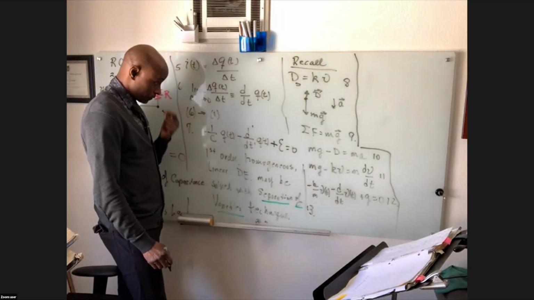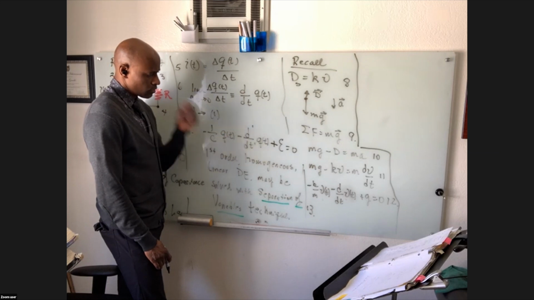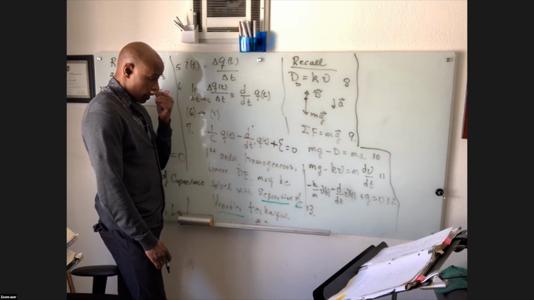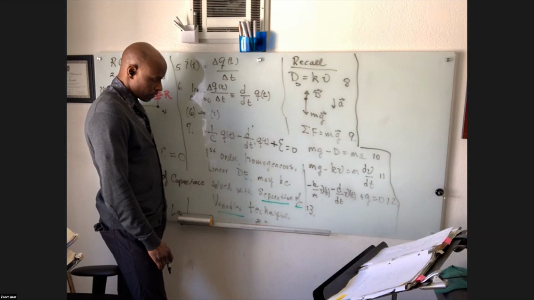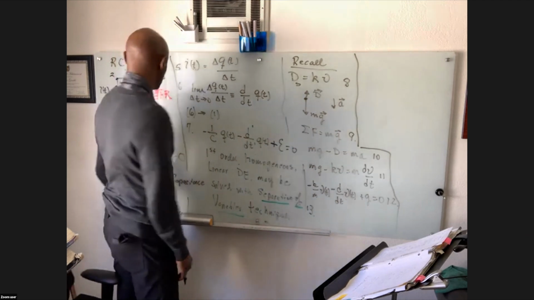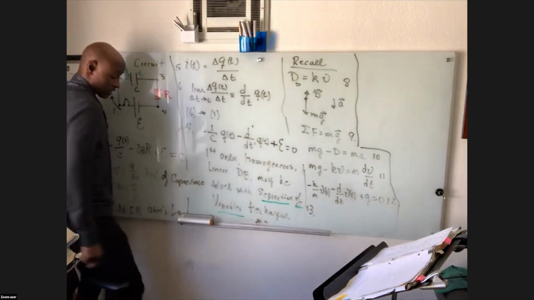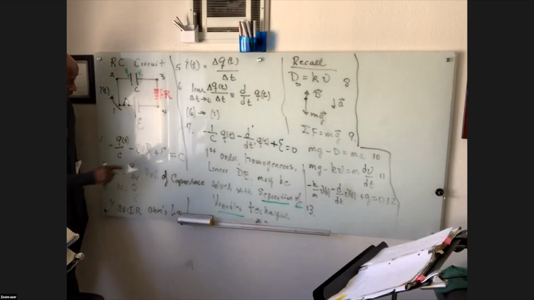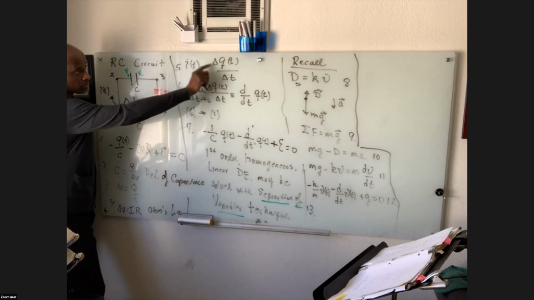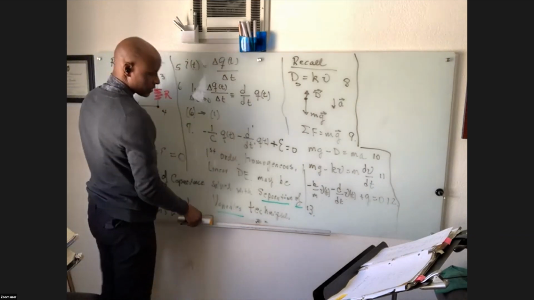I'm going to take the dq dt on the other side. Did I make a mistake? Yes, I left out the R too. I'm kind of tired today, folks. I'm sorry. I substituted I equals dq dt into this, but there's an R there.